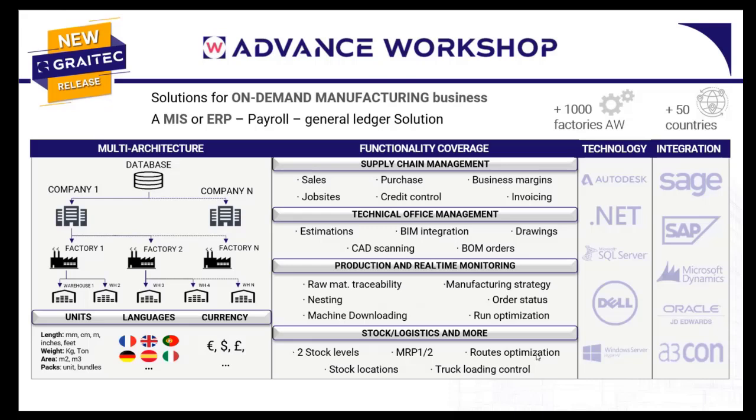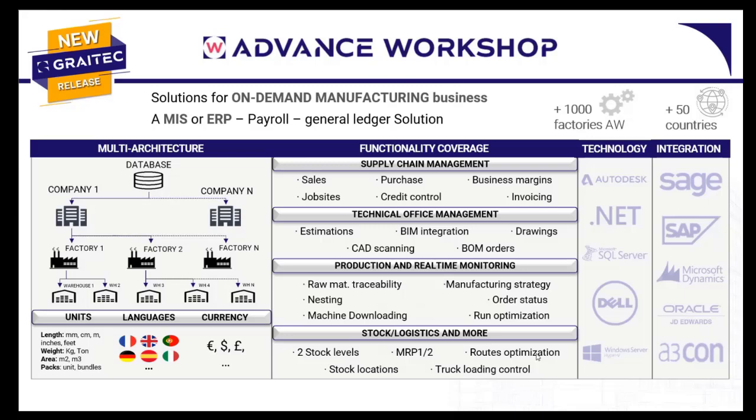So when looking at supply chain management, we can manage the sales process, creating quotes, credit control, invoicing, job sites, managing extras attributed to projects, change orders, etc. In the technical office, the key variable here is BIM integration, so we can import metadata from CAD solutions such as Autodesk Advanced Steel.